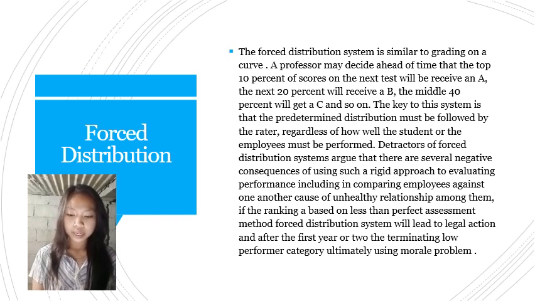The critics of the forced distribution system argue that there are several negative consequences of using such a rigid approach to evaluating employees, including that comparing employees against one another causes unhealthy relationships among them.